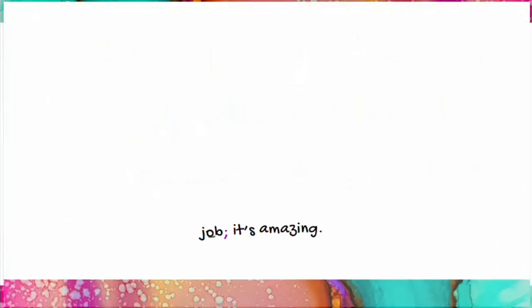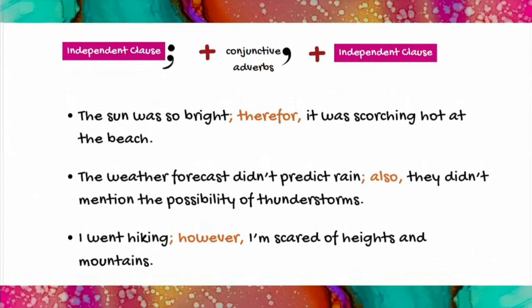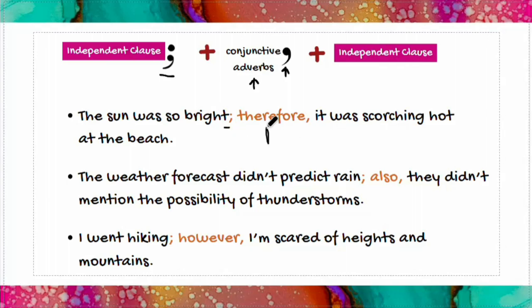Let's find out some examples using conjunctive adverbs. The structure will be independent clause, semicolon, conjunctive adverb, right after this a comma, and then another independent clause. Let's see the example. The sun was so bright; therefore, it was scorching hot at the beach.